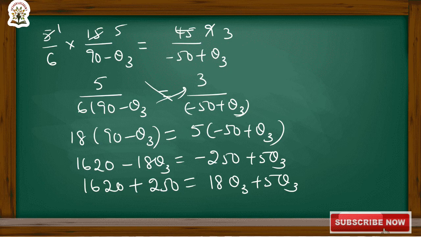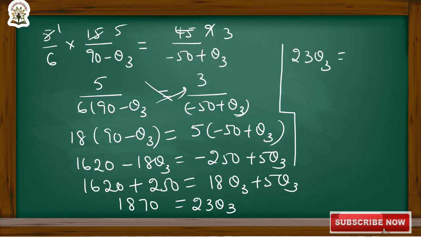This complete total, 1870 is equal to 23 theta 3. 23 theta 3 is equal to 1870, or we can write it as theta 3 is equal to 1870 by 23.